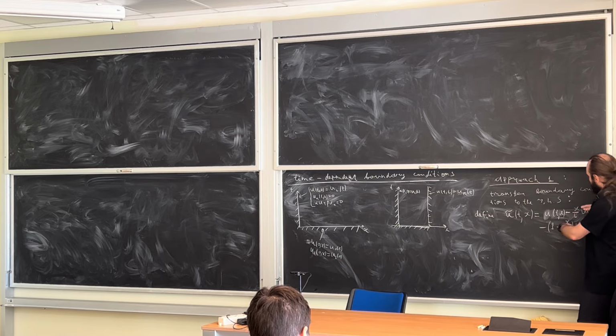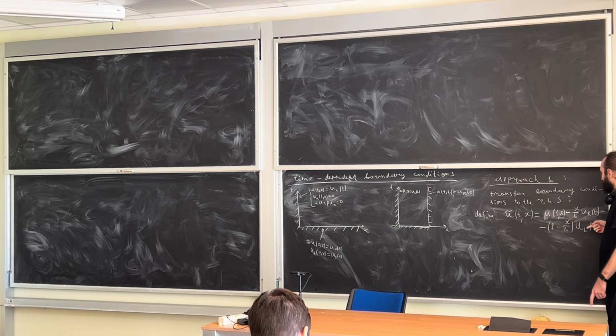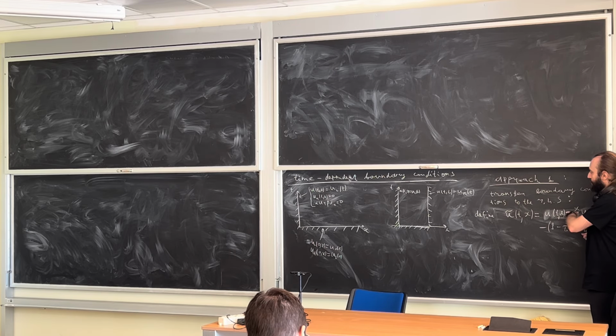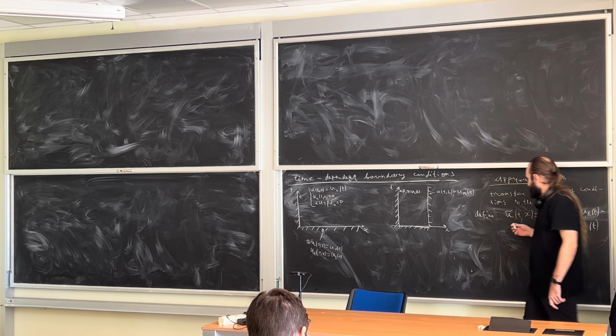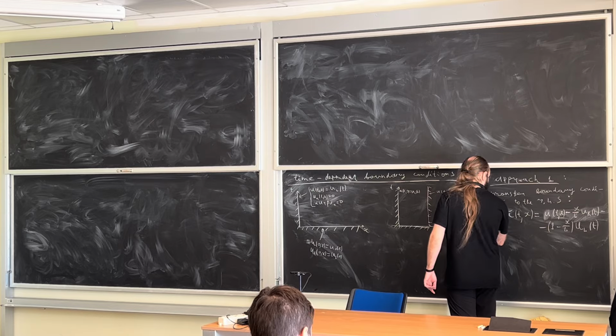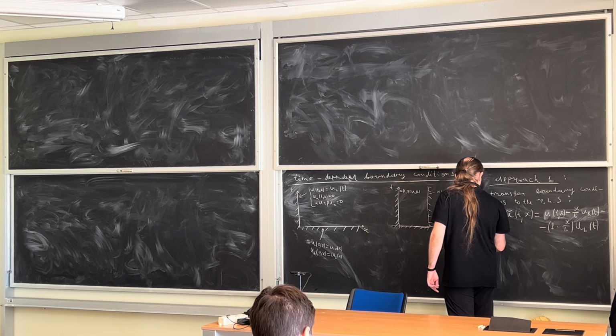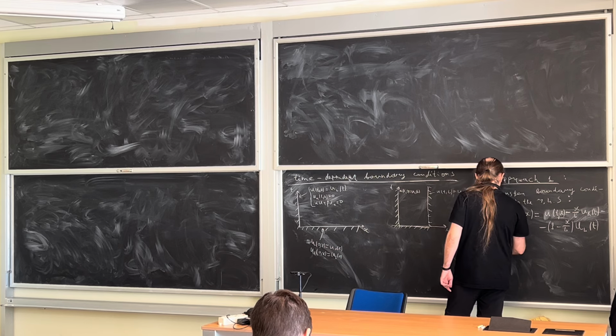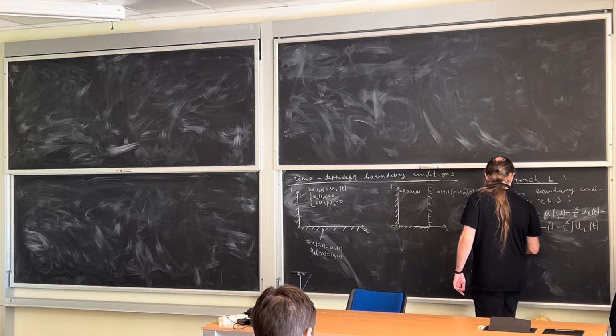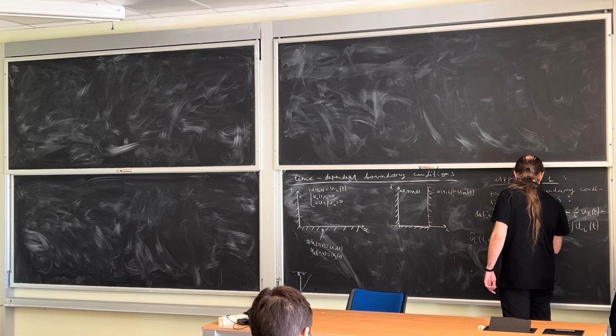When you go to the other boundary, then the other two terms cancel. So the boundary conditions for this u tilde of t, 0 will equal u tilde of t, l will equal 0.